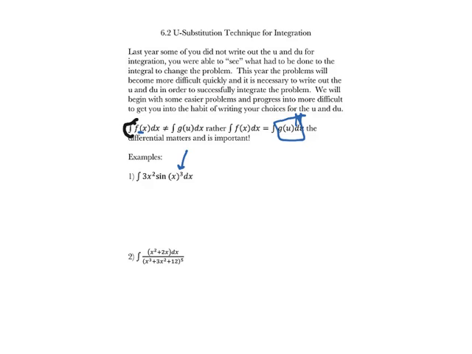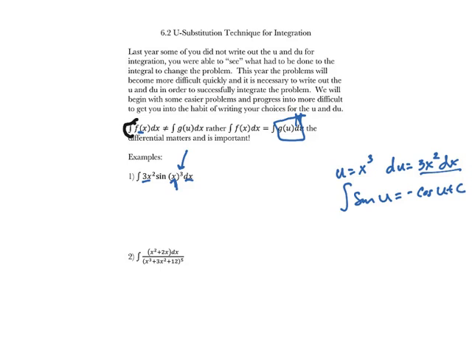So in this first problem, the angle would be x cubed. So the du conveniently is 3x squared dx. So 3x squared dx is here, and then my u is here. So this problem really just becomes the integral of sine of u. And when I integrate sine, whose derivative is sine, it's negative cosine u plus c.